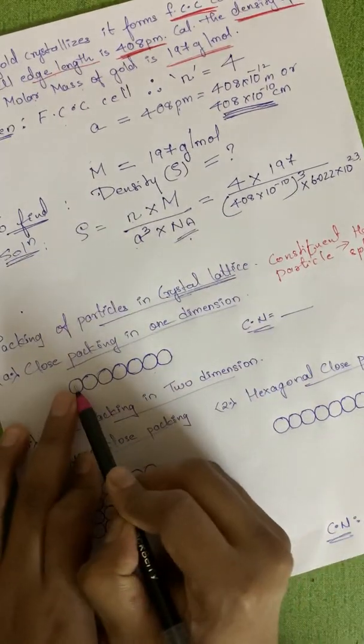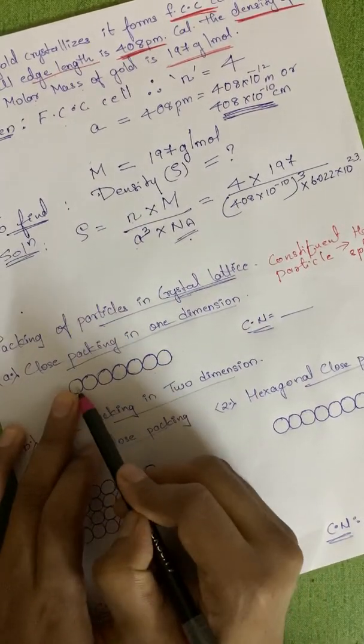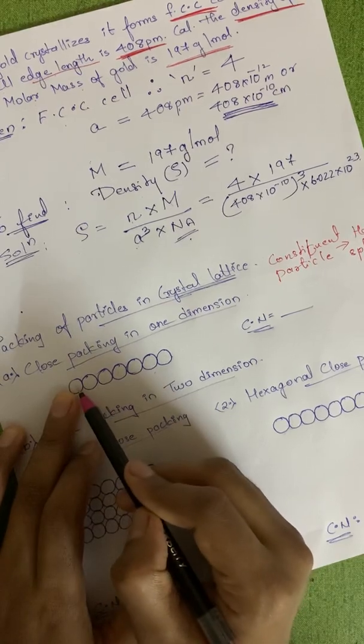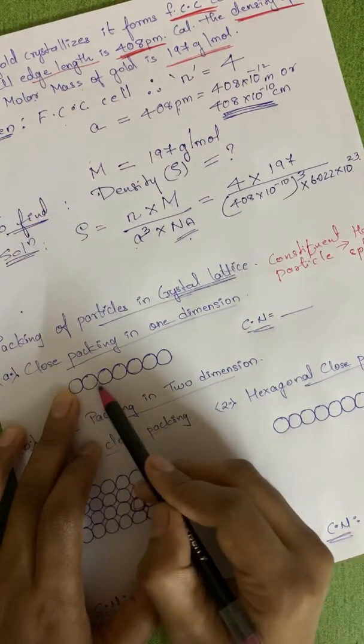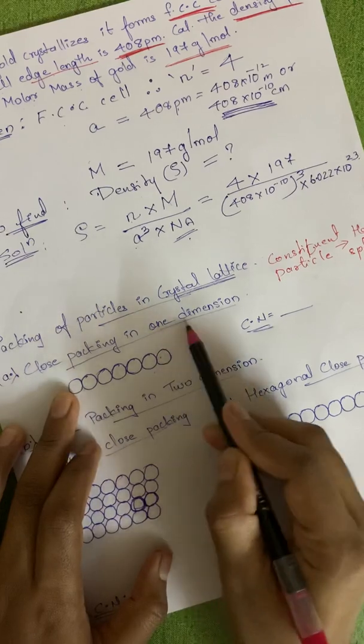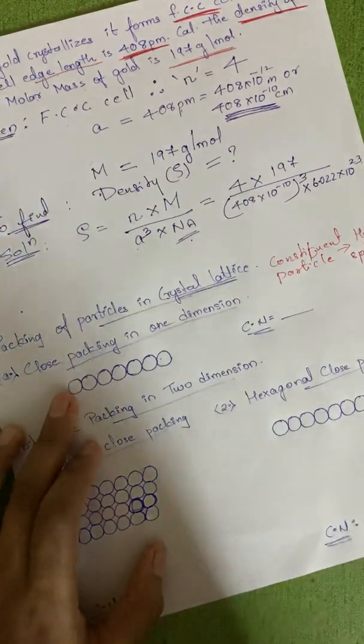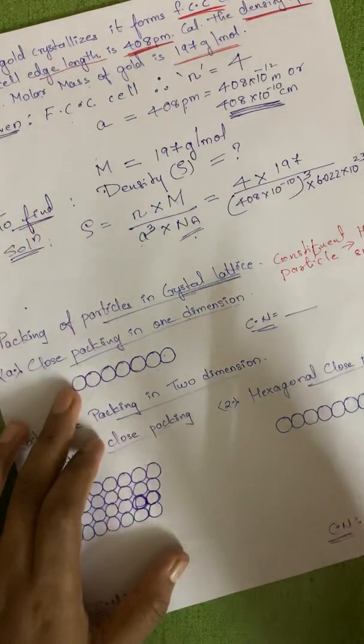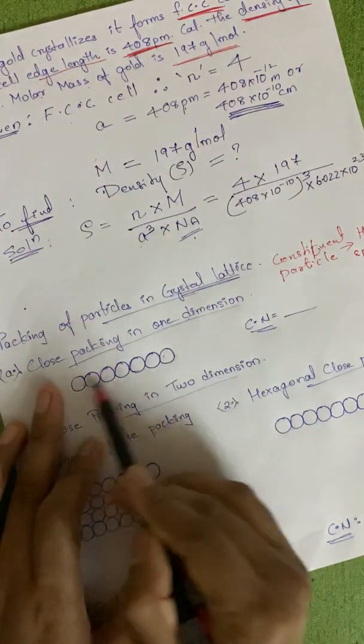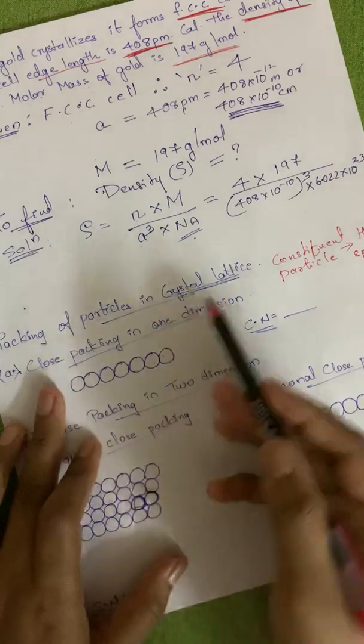If this is my one particle and I arrange it in one row, then it leads to one dimension. One dimension means either it will be the x axis or the y axis or the z axis. Any one axis is said to be one dimensional.